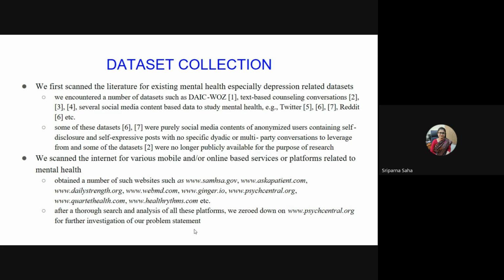So first of all, how did we create the dataset? We scanned the literature for existing mental health, especially depression related datasets. There are several datasets like DAIC-WOZ, text-based counseling conversations, and social media content like Twitter, Reddit, etc. Some of these datasets were purely social media content of anonymized users containing self-disclosure or self-expressive posts.